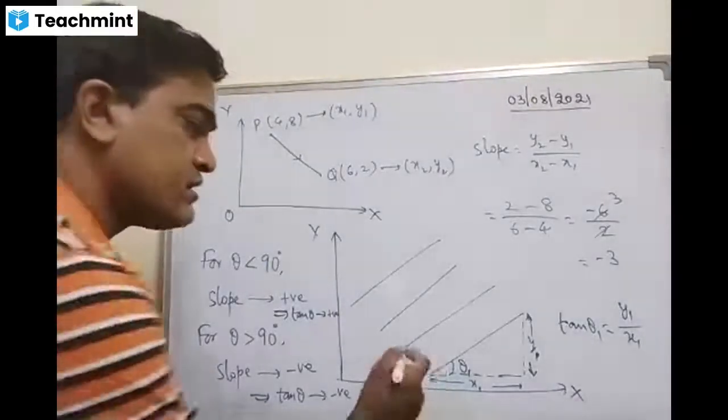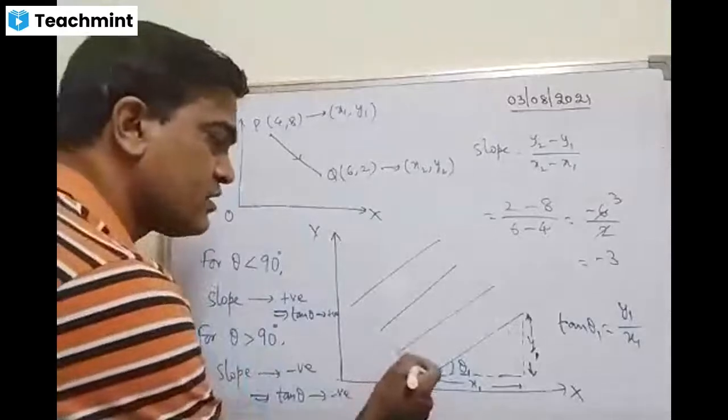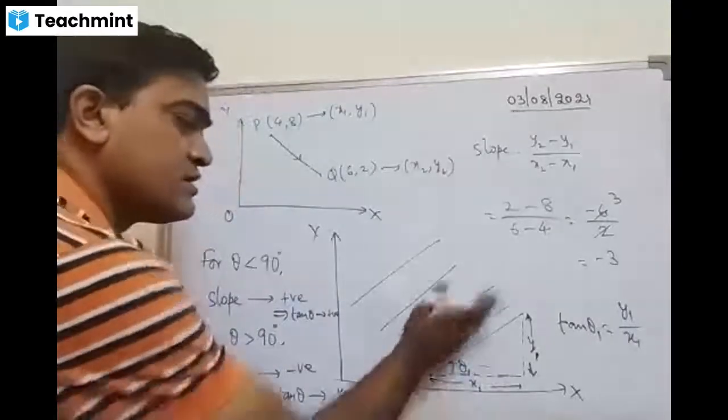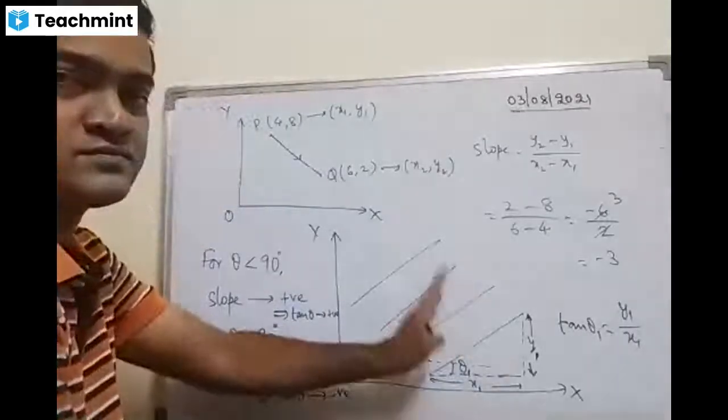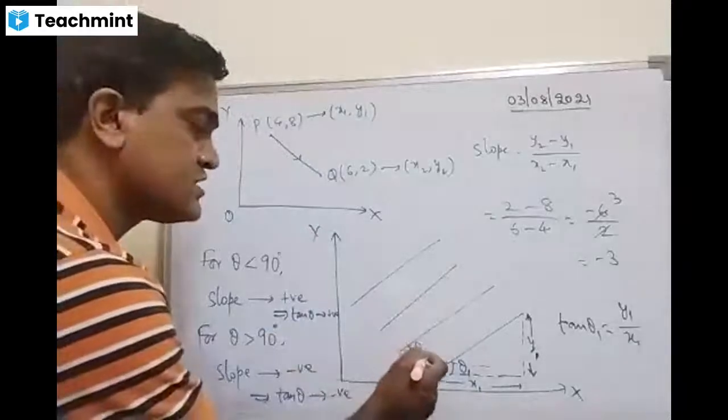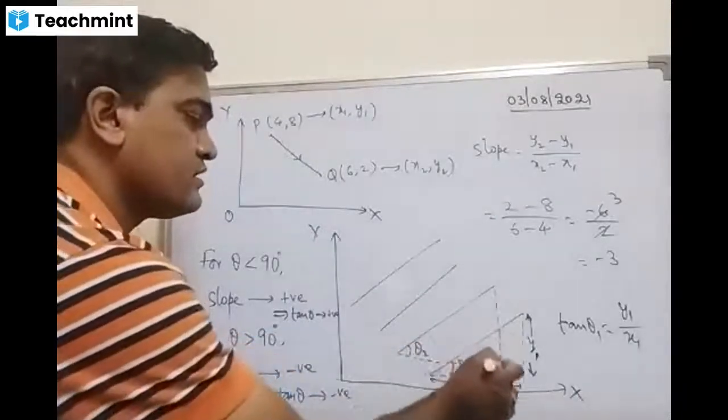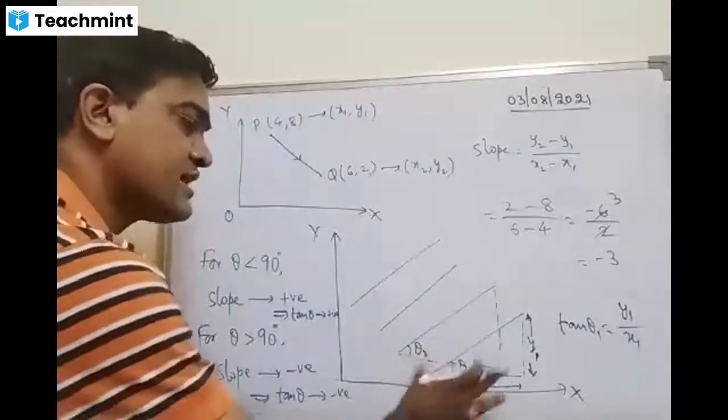Now, even if I consider this line and draw a line like this, here the inclination has increased. Let me take this angle as theta 2, and the corresponding sides as x2 and y2.